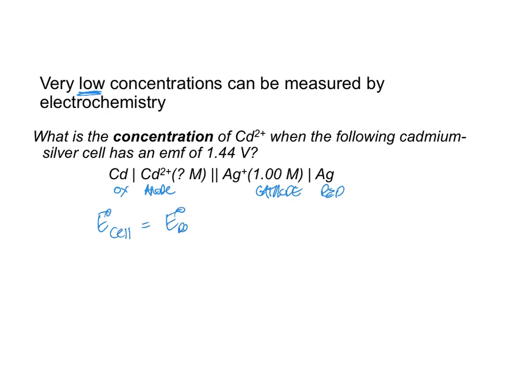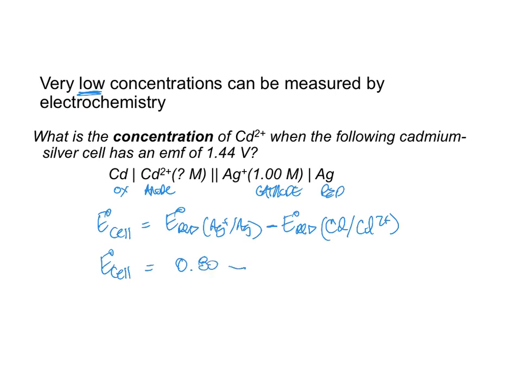It's going to be the E0 of what's being reduced, Ag+ to Ag, minus the E0 reduction of what's being oxidized, which is the Cd to the Cd2+. I looked them up in the back because, you know, we're doing a problem like a homework problem.